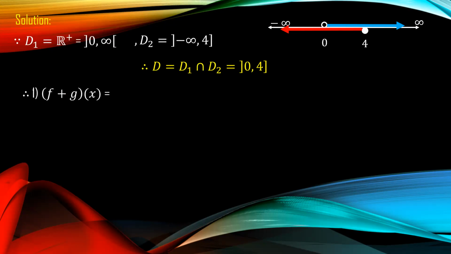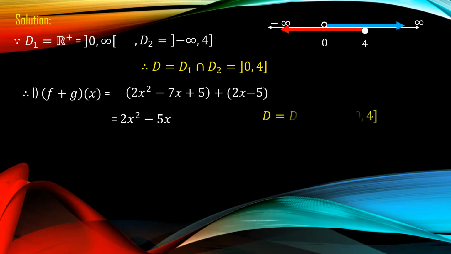So f plus g of x equals 2x power 2 minus 7x plus 5, the rule of the first function, plus 2x minus 5, the rule of the second function, and its simplest form is 2x power 2 minus 5x, d equals d1 intersection d2 equals the semi-open interval 0 to 4.